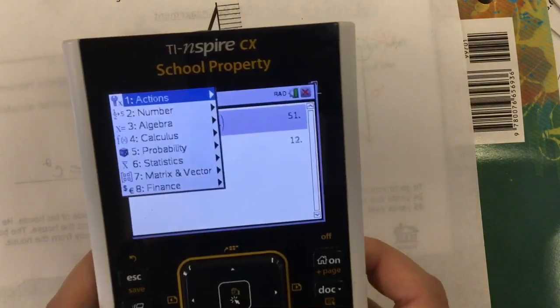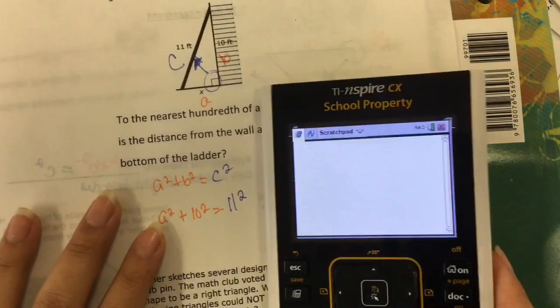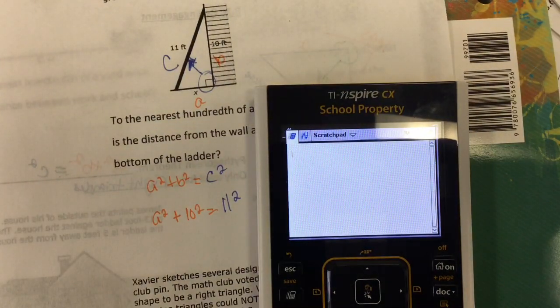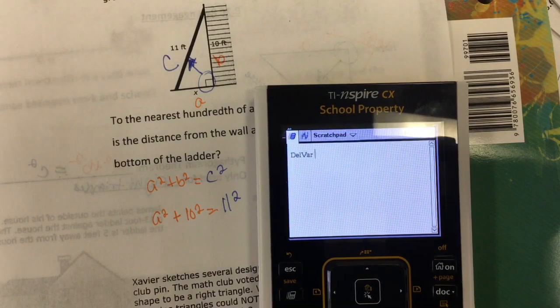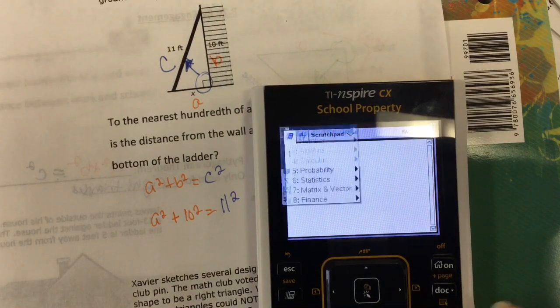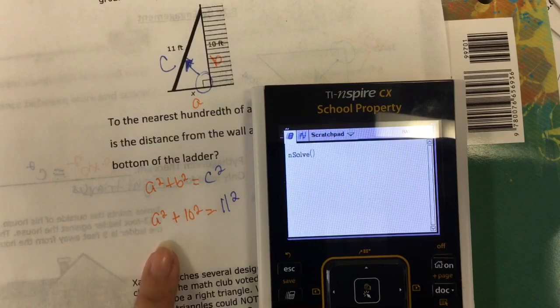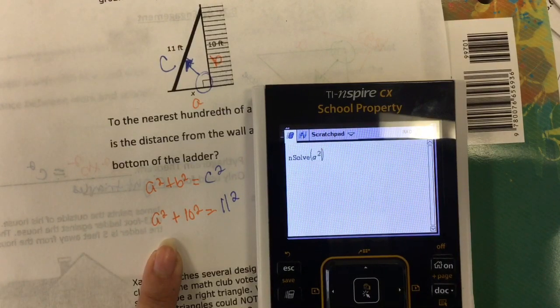So we're going to go ahead and type this into NSolve. Menu 1, 5, we'll clear it out. So then menu 3, 1. And then we'll type in A squared plus 10 squared equals 11 squared. Then we're looking for A, so comma A, enter.